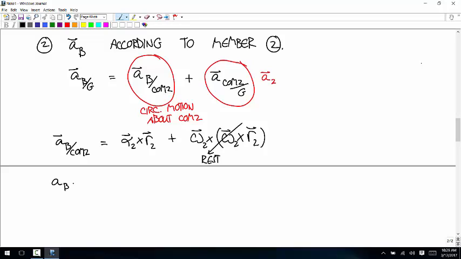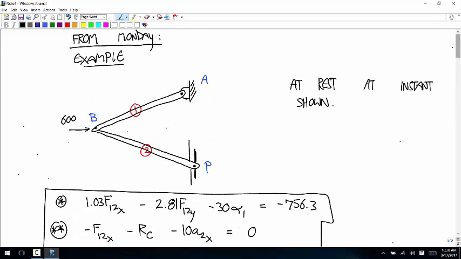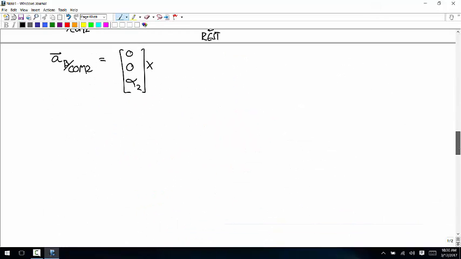So the acceleration of B relative to the center of mass is equal to 0, 0, alpha 2 crossed with, now we need an R vector that goes from the center of mass of 2 to B. Well, because there's no fixed point, we need to use relative motion.